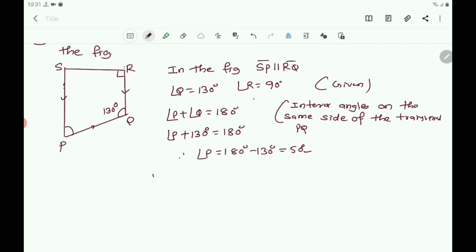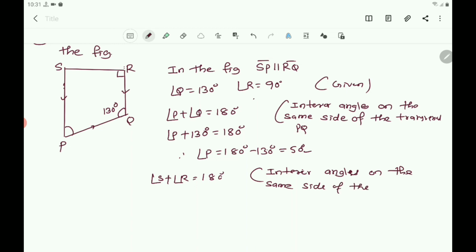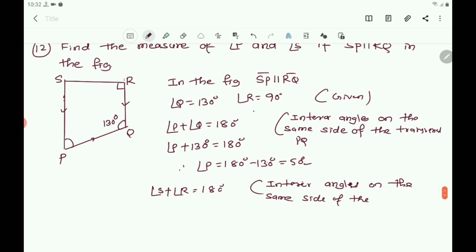And also angle S plus angle R must be equal to 180 degrees. There also they are interior angles on the same side of the transversal SR. Here SR is also a transversal of parallel lines.